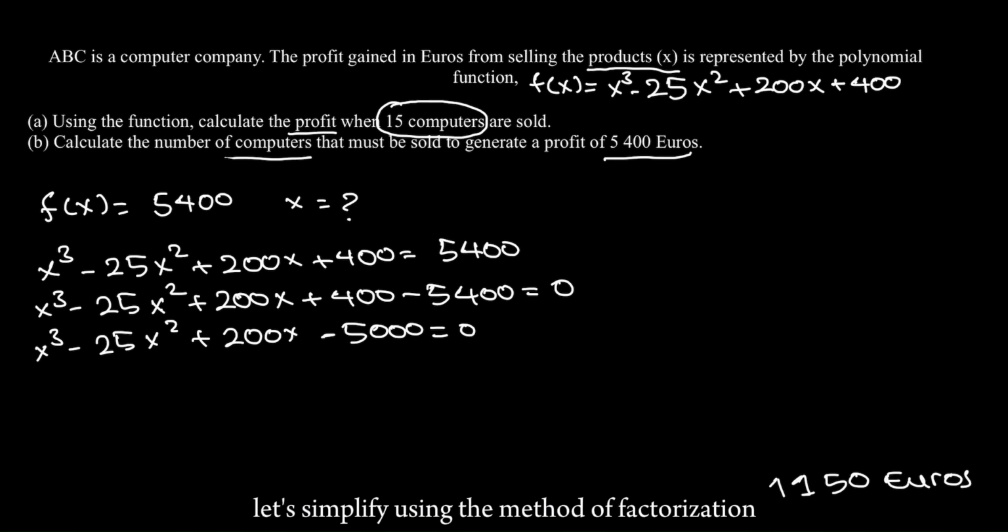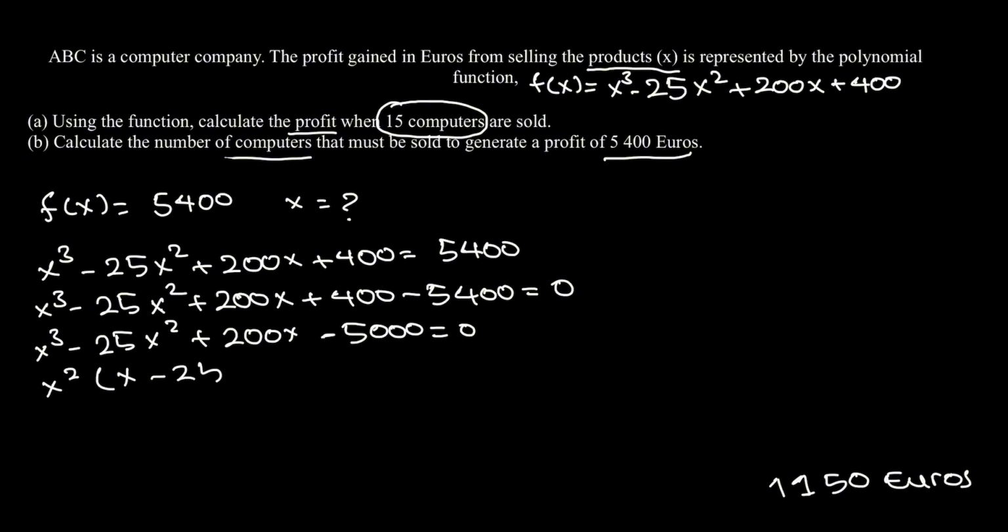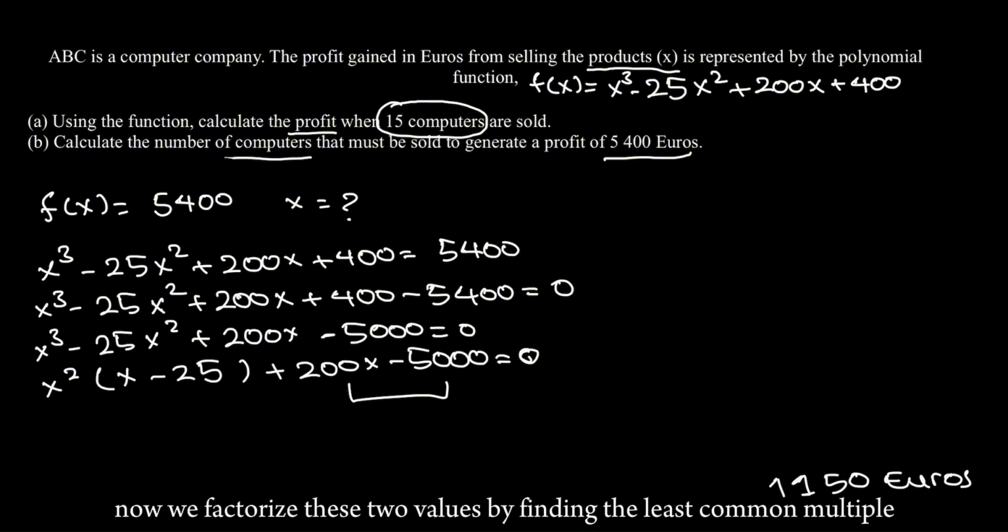Let's simplify using the method of factorization. We factor out x squared from these two values. Now we factorize these two values by finding the least common multiple.